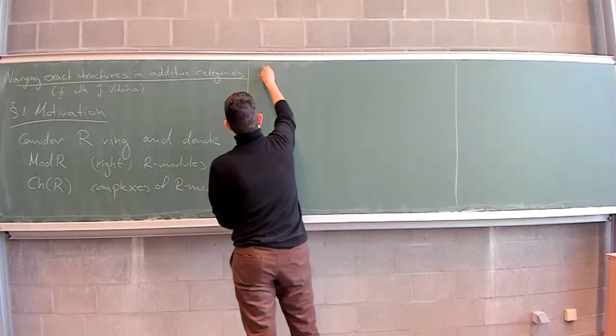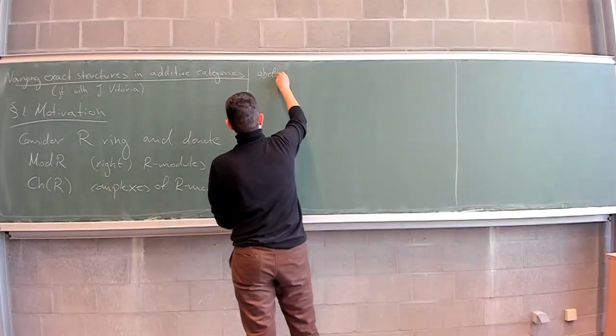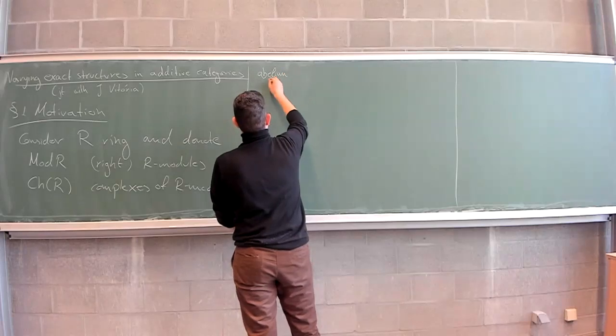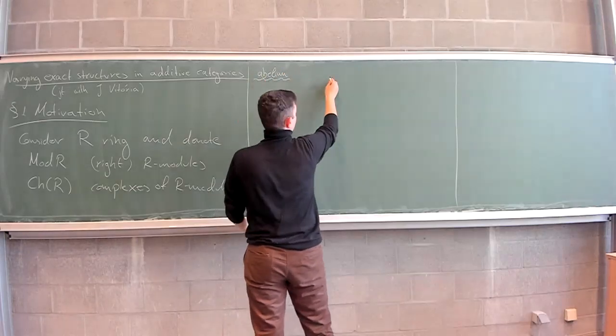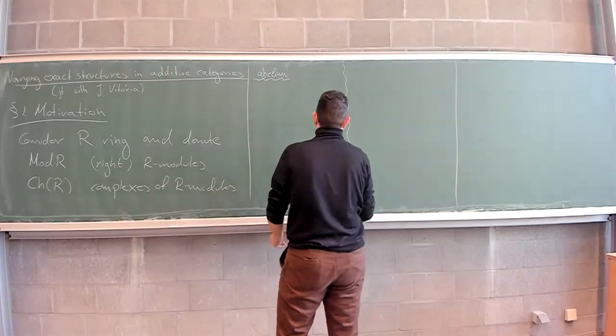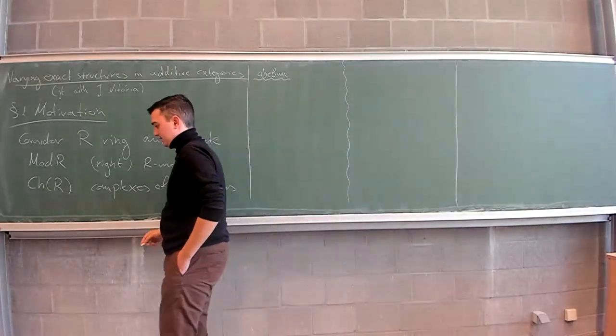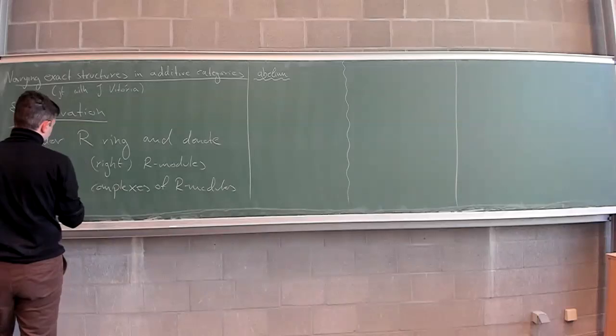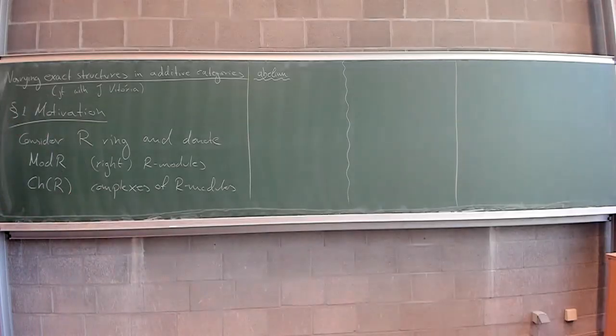So let's start with the abelian one, which most of you should be comfortable with. So this category is not just an additive category, it's an abelian category. Being abelian is mostly an inherent property.